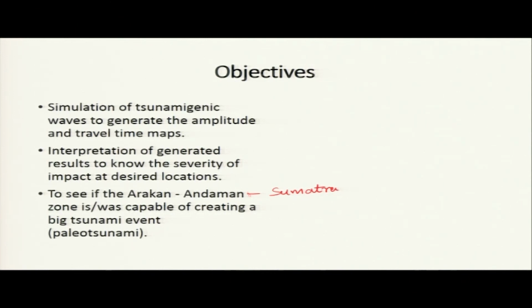It is the need of the time because we are a developing country, the population is growing at a very fast rate, and so we need to study this and prepare a hazard assessment map of that area, so that the devastation from the tsunami can be checked and the risk can be reduced.